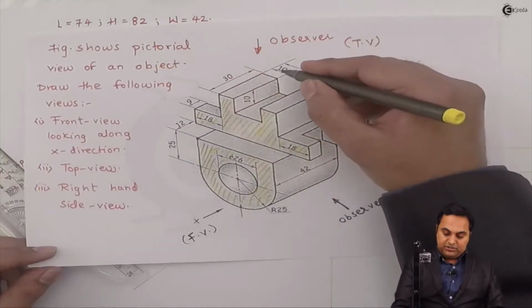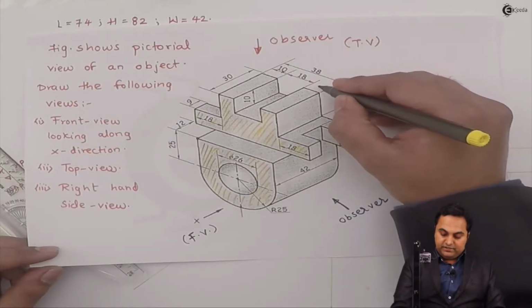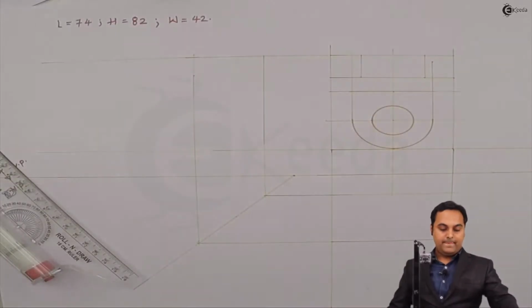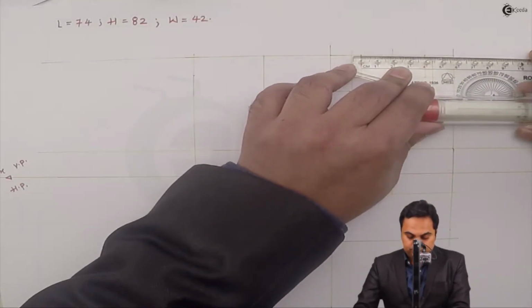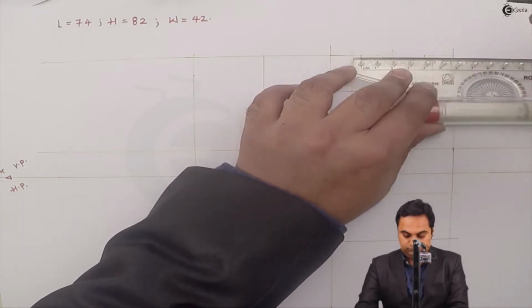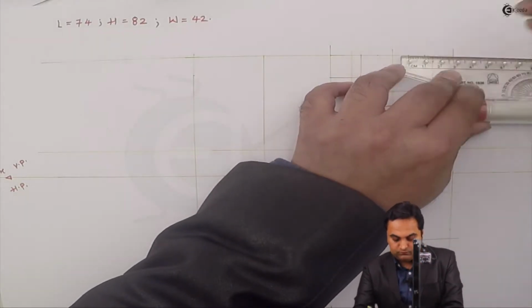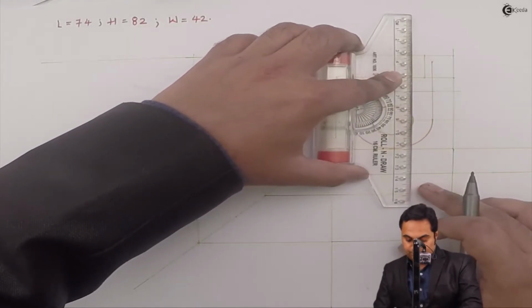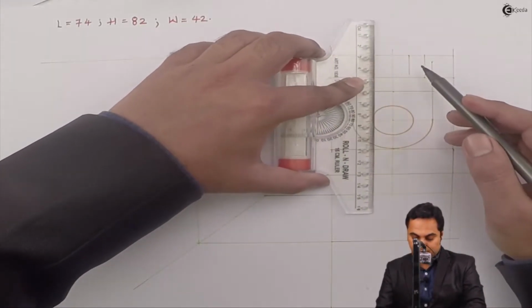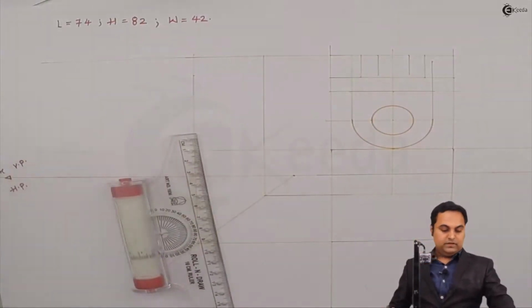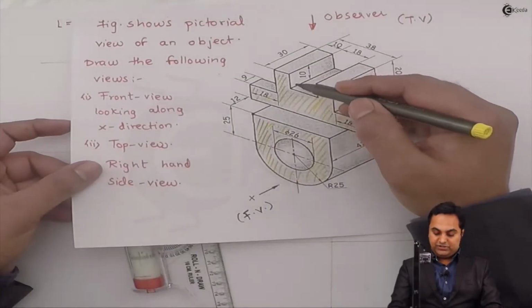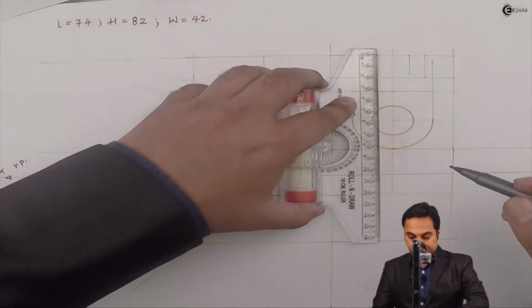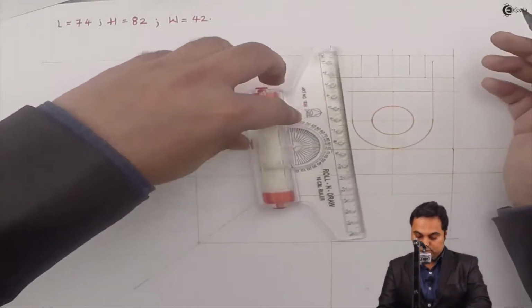From the top, this portion is having a length of 10 mm on one side, 10 mm from the other side. Projecting vertical lines through them. And then here I can see this portion is 10 mm deep.